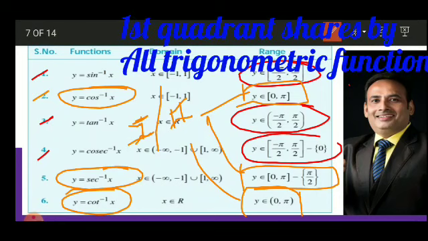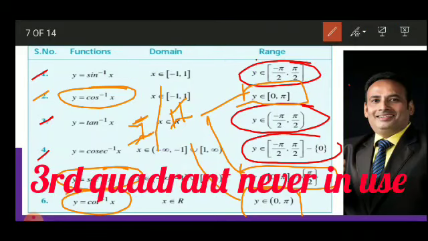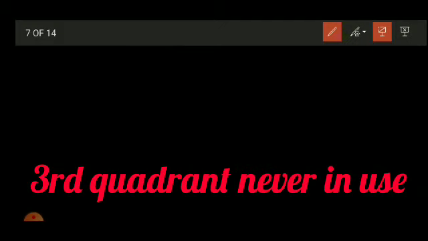But from this range, we can conclude that the third quadrant is never in use. So that is a very important point. You can note down also, the third quadrant is never used in the ITF chapter throughout.